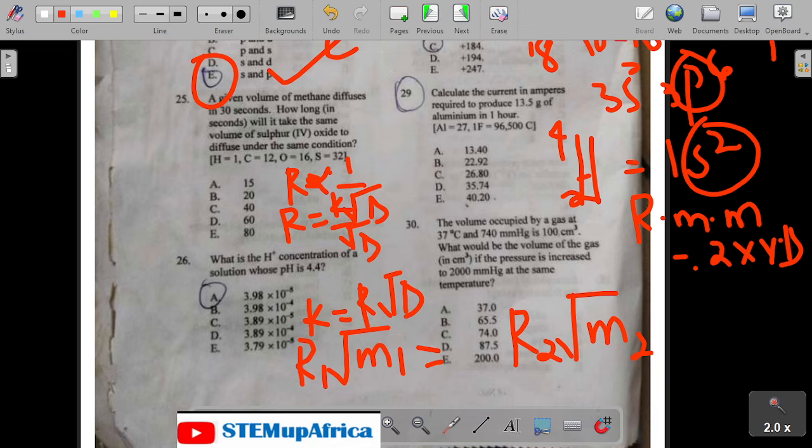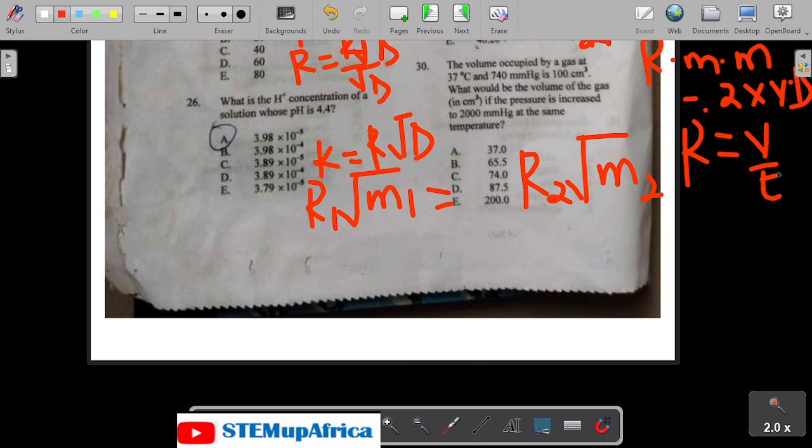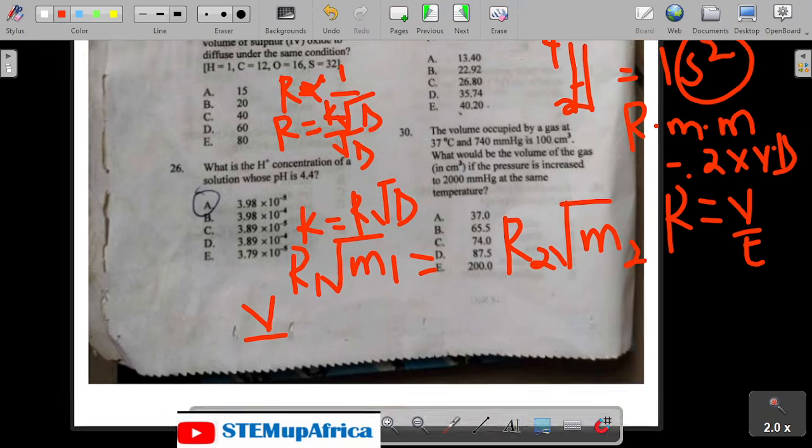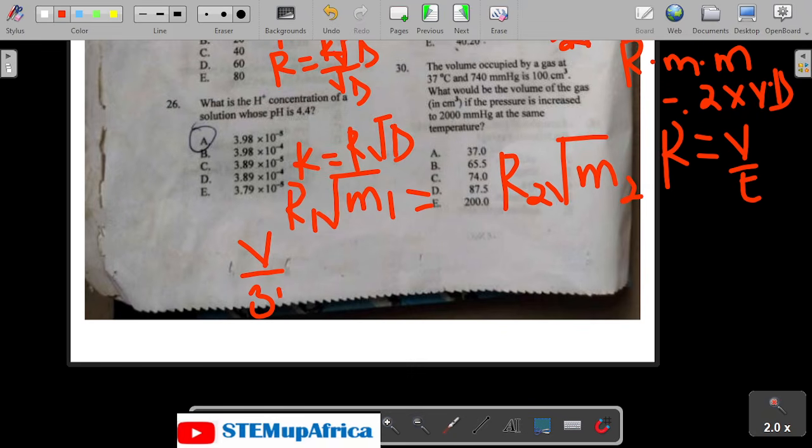So for the first gas, which is methane, I'll have rate 1 times square root of M1 equals rate 2 times square root of M2. If you substitute it, the 2s cancel. And we know that rate is volume over time. So for rate 1, I will have the first volume over the first time, which is 30, then times the molar mass of methane, which is 16.